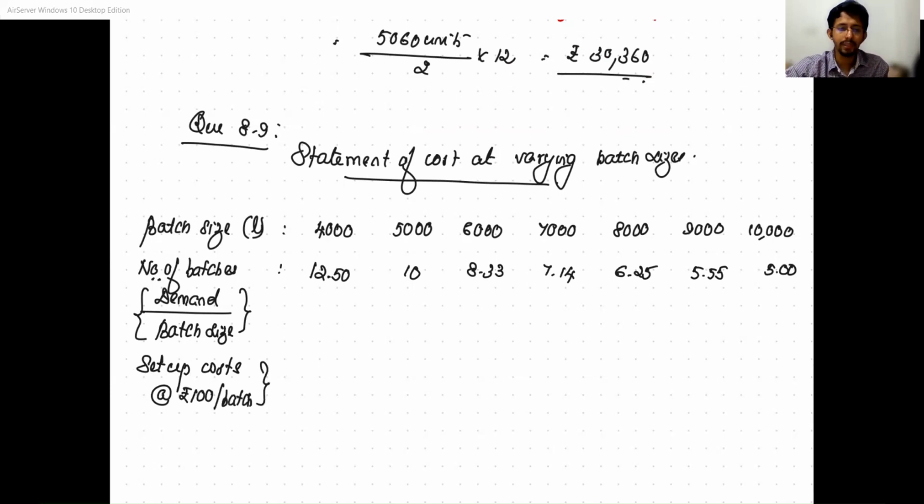You can take it in two ways. Either you simply multiply this fraction into 100, because we have not decided how many batches are happening. So you can simply multiply with 100 with the fractions itself. So here it will be 1250, then 1000, then 833, 714, 625, 555, 500. Okay, that is the setup cost.